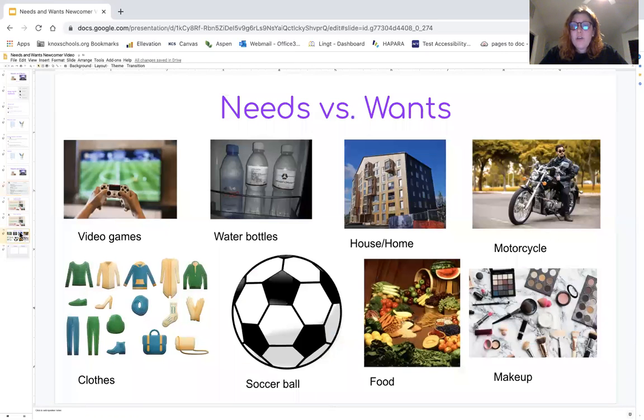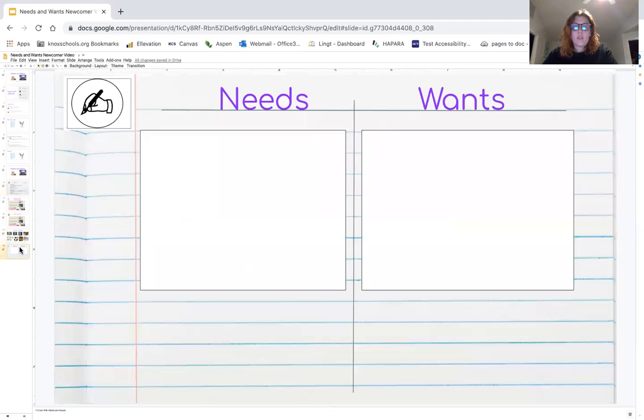Okay, now you can turn to the back of your paper or a new paper. On your paper, see here we have our writing symbol, so you are going to write on your paper, either on the back or a new sheet of paper. First, down the middle, we're going to draw a line, just like this.